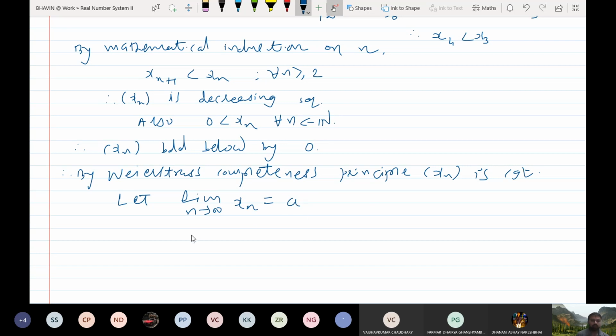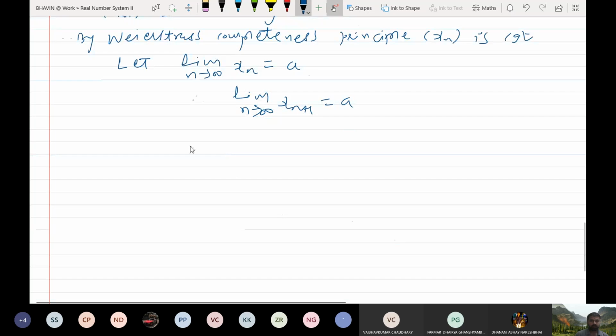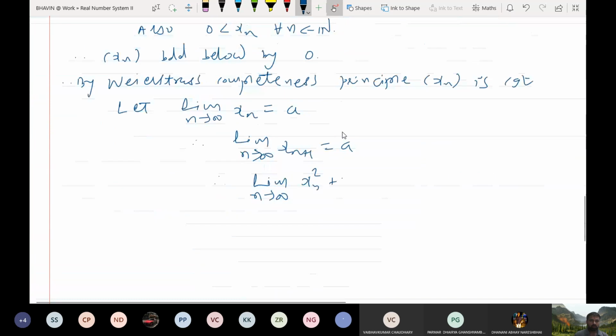So here see xn, therefore limit of xn plus 1, this is also a. Okay, therefore what is xn plus 1? Xn plus 1 is nothing but (xn square plus 3) by 2xn.